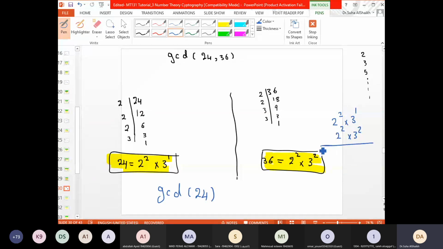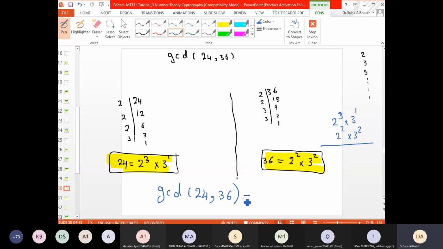Just 1 second. Okay, this is 2 to the power 3. Yeah, you are correct. So 2 to the power 3, 3 power 1, 2 power 2, and 3 power 2.